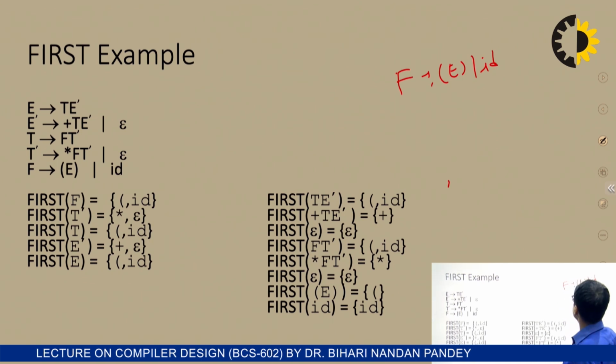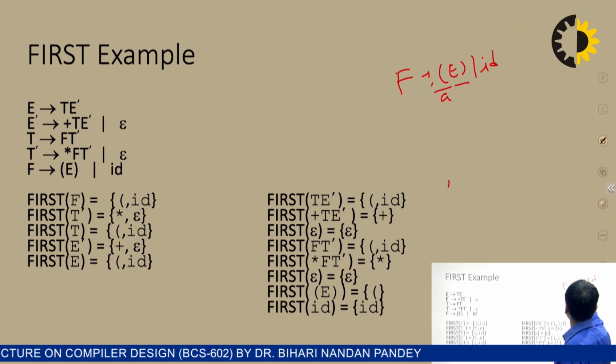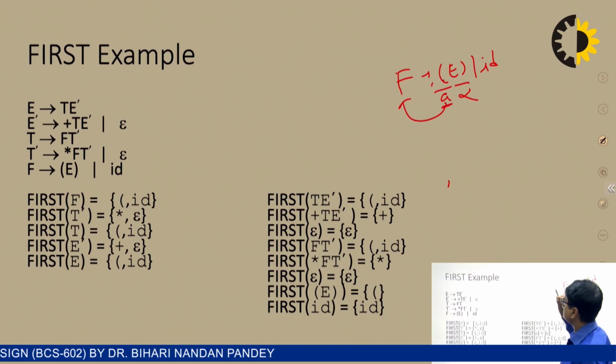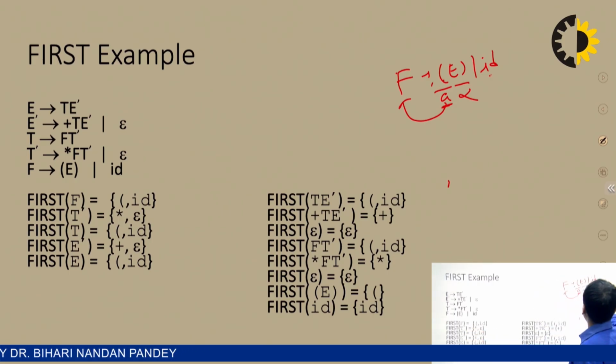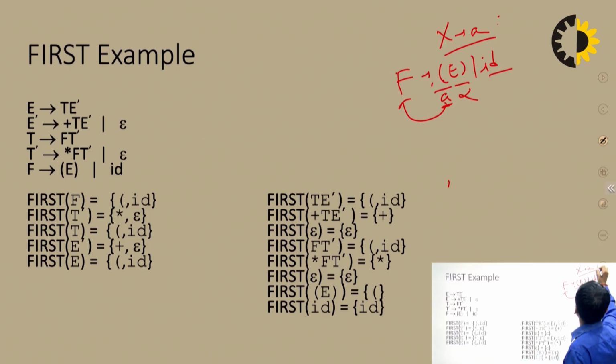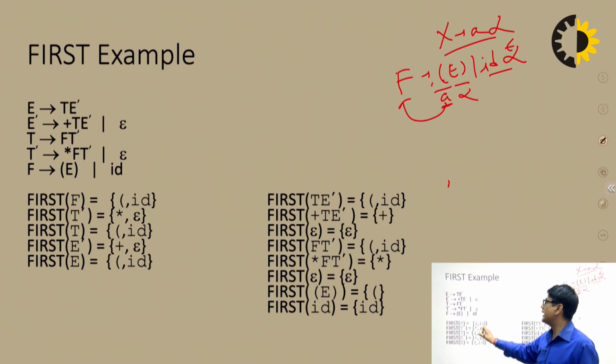So you will check the rule: this is a, this is alpha, and this is F. So small a is added into the first of F. So the left parenthesis is added in first of F. ID is also added, because F produces ID means X produces a small a followed by alpha, where alpha is basically epsilon. So ID is added into first of capital F.